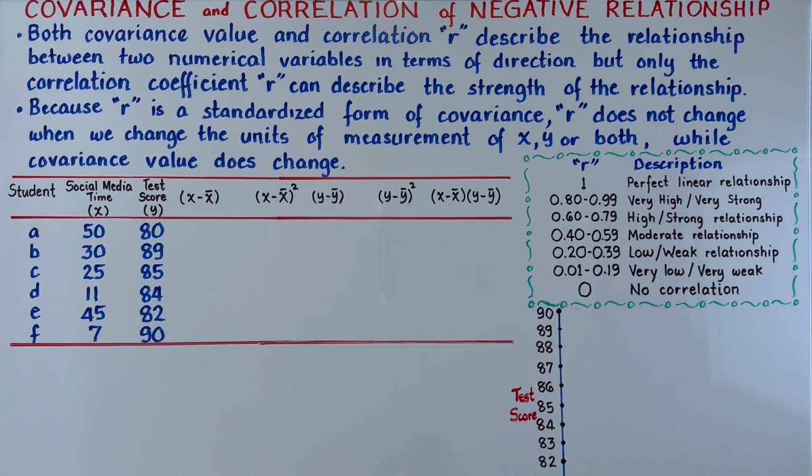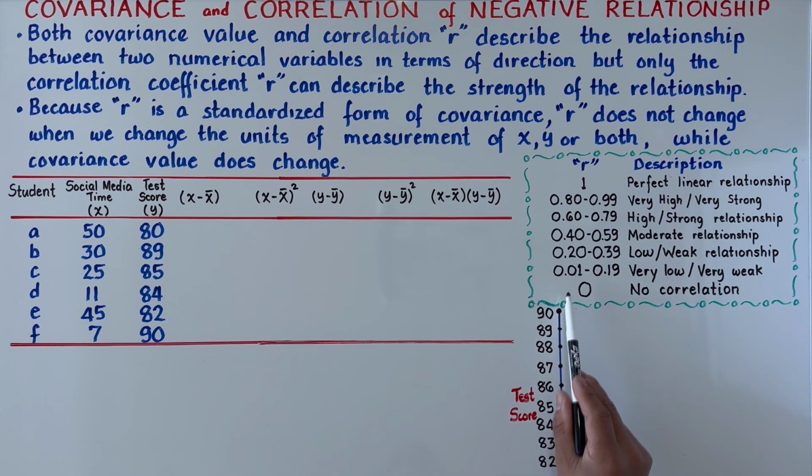0.60 to 0.79, high or strong relationship. But if you have an R value between 0.40 to 0.59, the relationship between the two variables is moderate. However, when the R value is 0.20 to 0.39, the relationship is weak or low.